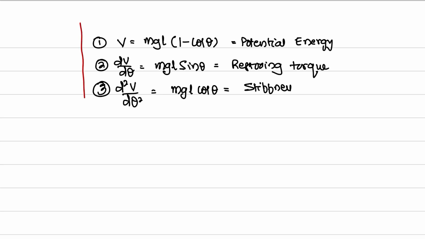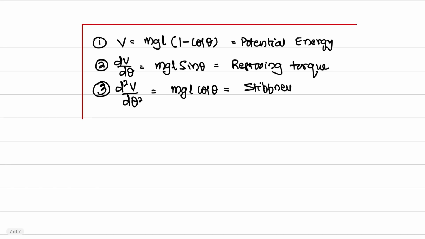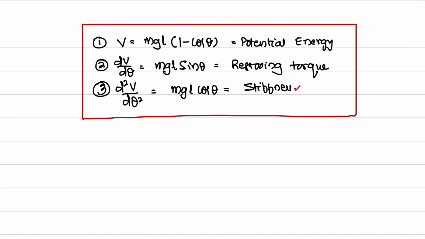These are the three important formulae from potential energy for a simple pendulum. Here we have not used any force. Please understand. These are the formulae we have got. mgL cos theta is the stiffness. dV by d theta, mgL sin theta, is restoring torque. mgL into 1 minus cos theta is the potential energy.